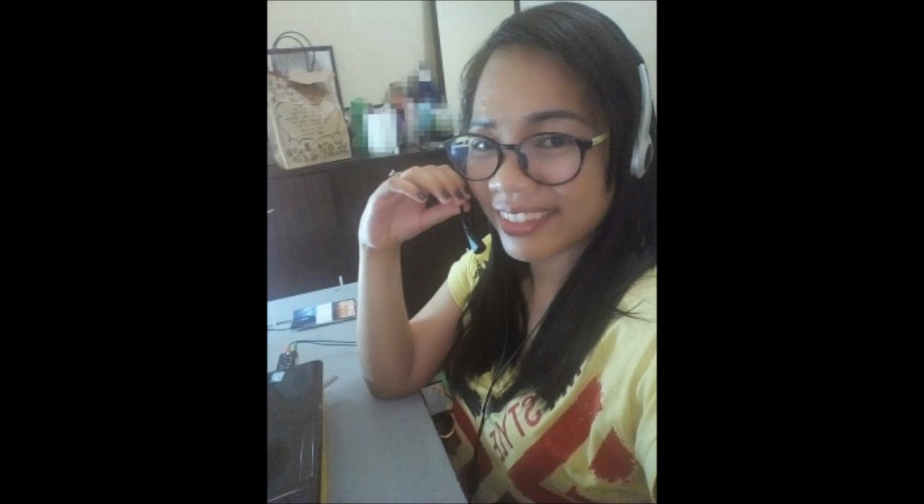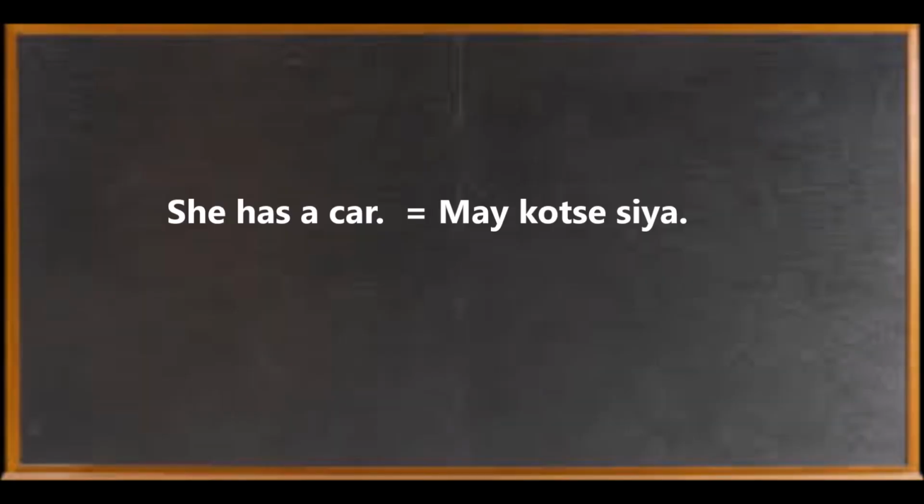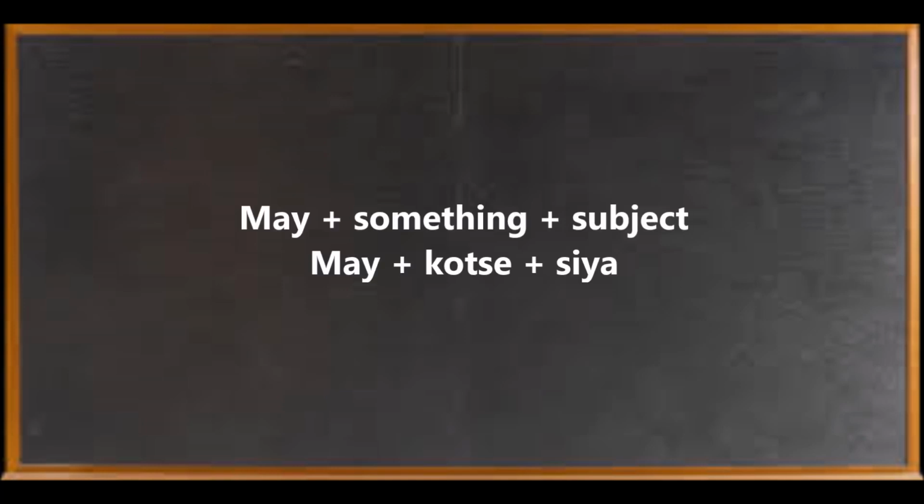Please try to pause the video and try it on your own. Okay, if you have paused the video, the answer for "she has a car" is may coche siya, because she is siya and has is may and car is coche, and our word order is may something and subject.